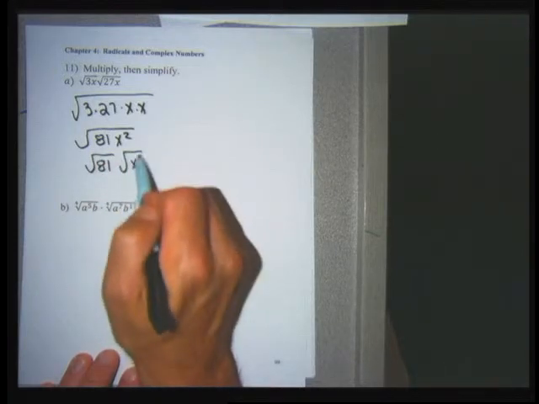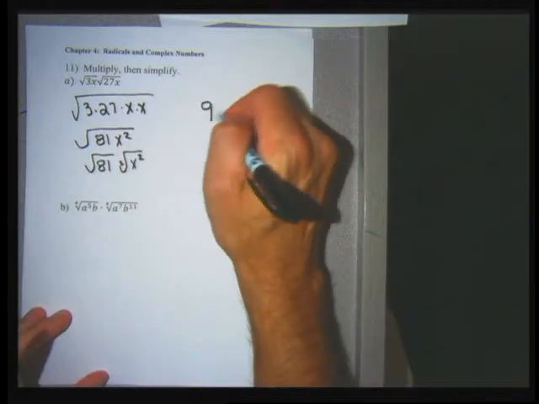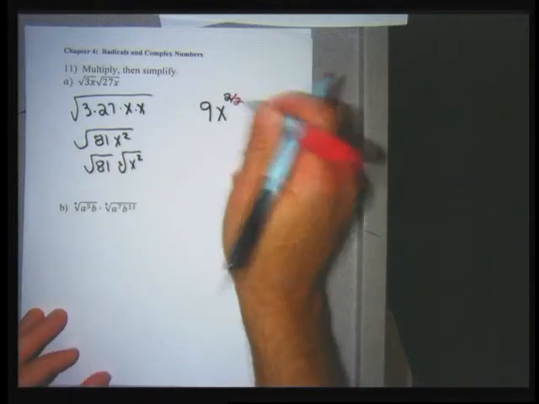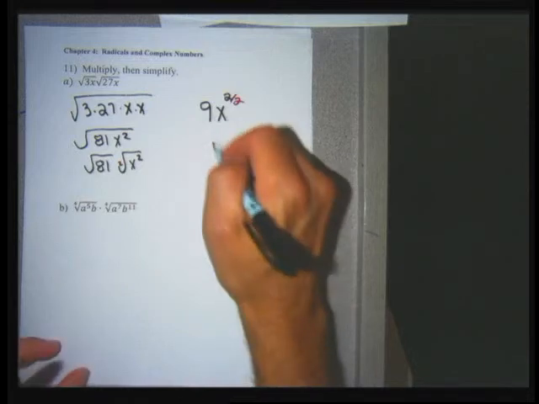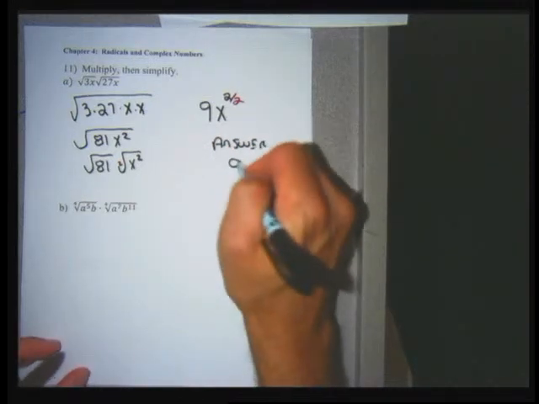And I'm going to do the square root of x squared. And to do the square root of x squared, for a square root, I divide the exponent by 2. The square root of 81, I guess I just know it's 9. And for the x, I'll go x to the 2 divided by 2 power and get x to the first power. So my answer to 11A is just going to be 9x.